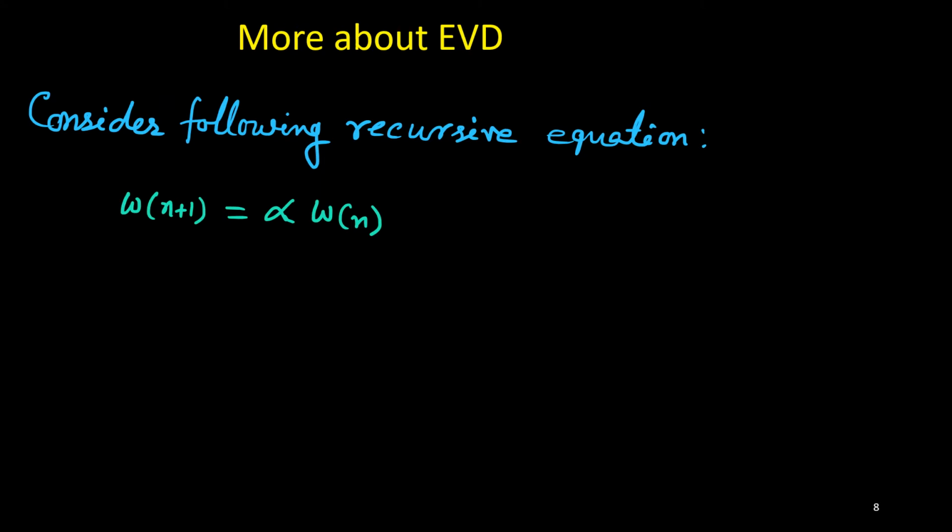Now, first I will consider one recursive equation, w(n+1) equals alpha times w(n). So we'll get this kind of recursive equation frequently in our course. And here the objective is to show that this w(n) will converge to a certain level.